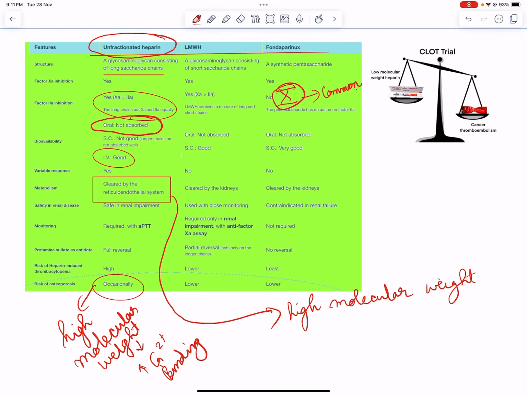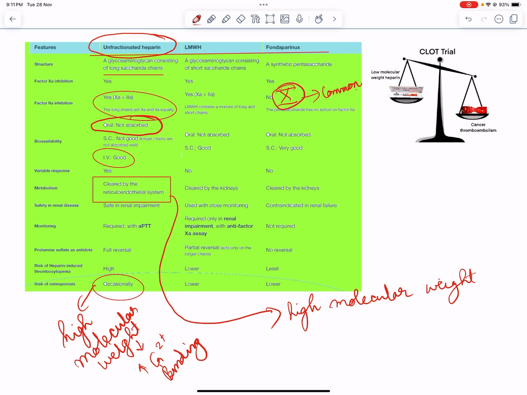We have to remember the difference between unfractionated heparin, low molecular weight heparin, and fondaparinux. In unfractionated heparin, there are long saccharide chains and it is found naturally in the environment. Remember that we are trying to inhibit factor 10 in the blood.